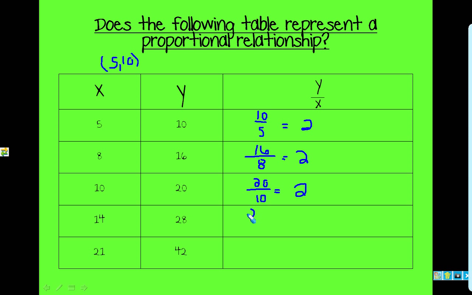Our y here is 28. Our x is 14. What's 28 divided by 14? 2. Alright, one more. 42 divided by 21 is also 2. So yes, this does represent a proportional relationship, if y over x for every coordinate in the table is equal to the same value.